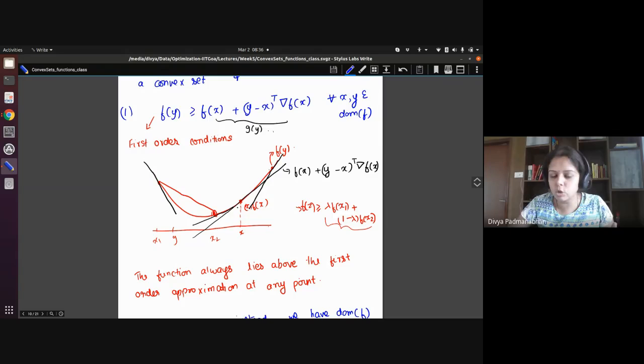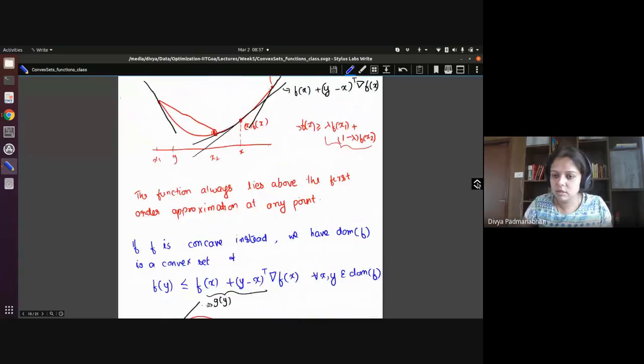Here we are talking of the first order approximation to the curve at this point x. The function will always lie above this approximation, and that's going to be true for any point you take. So these two lines are different. I hope there's no confusion about what lines we are talking of here.